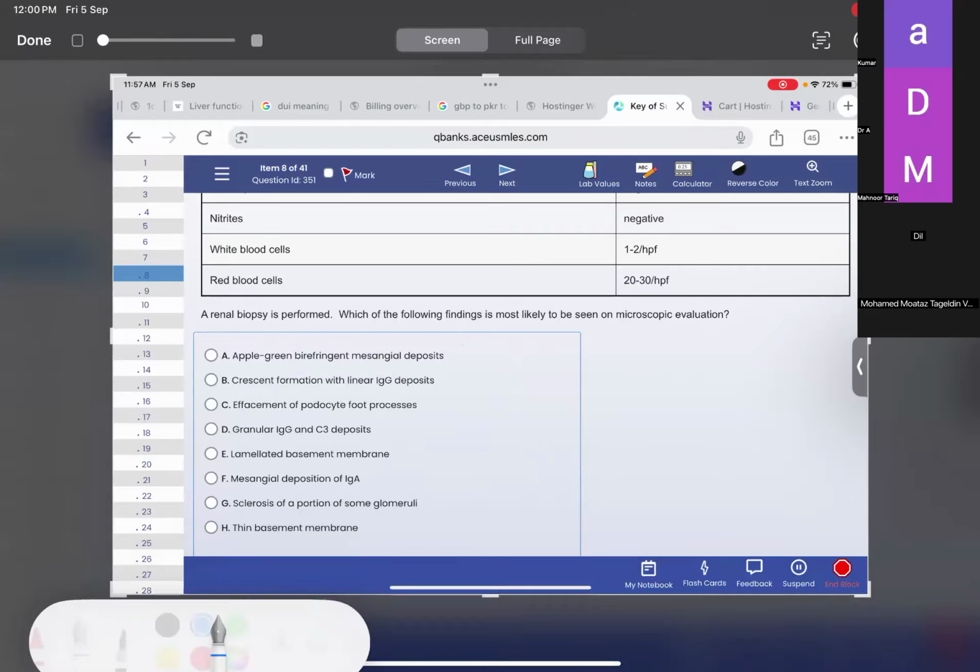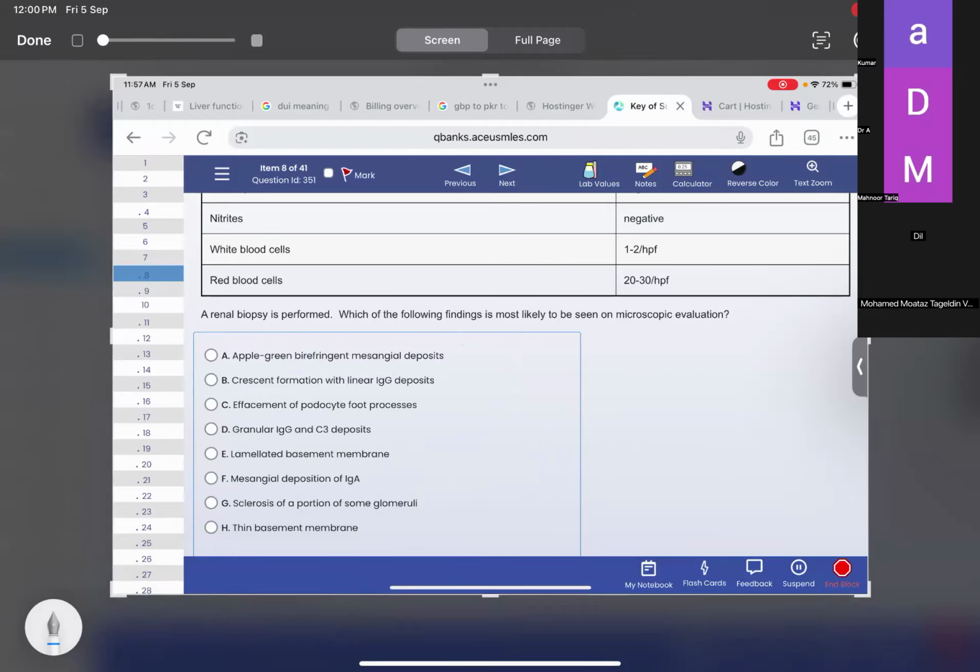So you got your answer right: IgA. You can do it on an exclusion basis. We don't have any infection, we don't have a recent infection in weeks. We don't have proteinuria in nephrotic range. We don't have rapid progression.